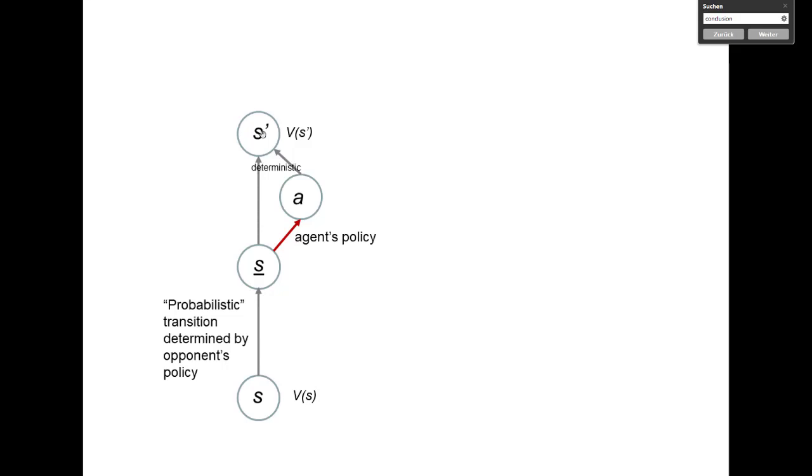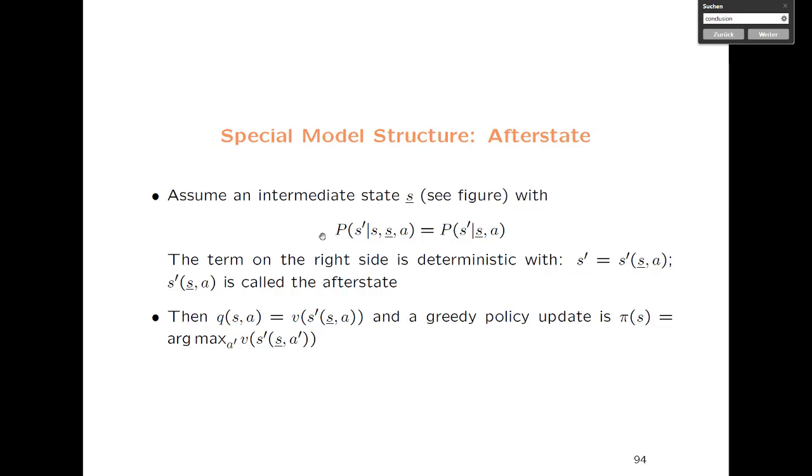So this is the situation in many board games, and in that situation the value function is enough. Because the Q function of S and A is the same as the value function of S prime, evaluated deterministically on the after state and the action, and based on this one can do a greedy policy update by just taking the action as a policy which maximizes this quantity.